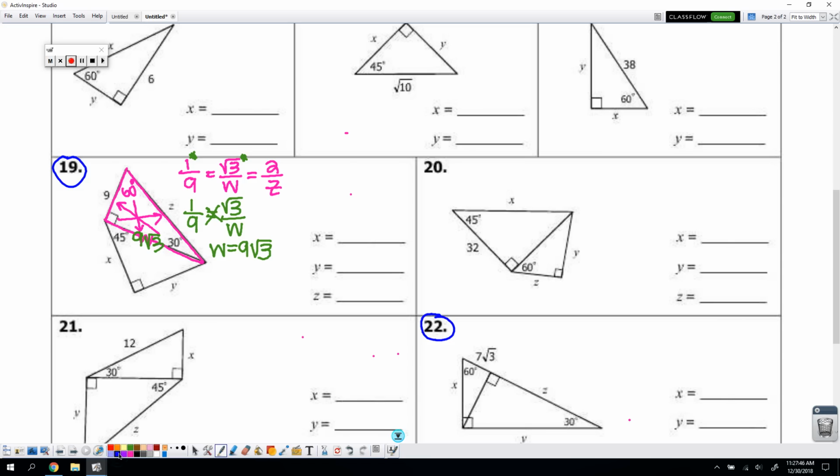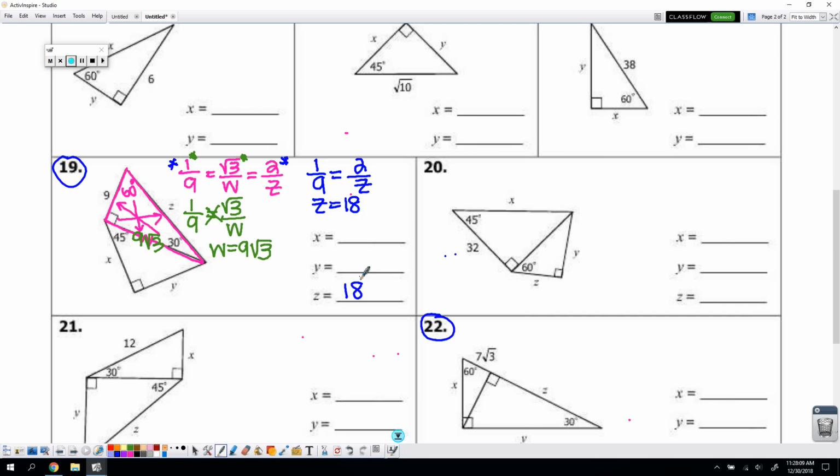Now, I'm going to go through and find Z. Numbers as well. So 1 over 9 equals 2 over Z. Z equals 18. Great.